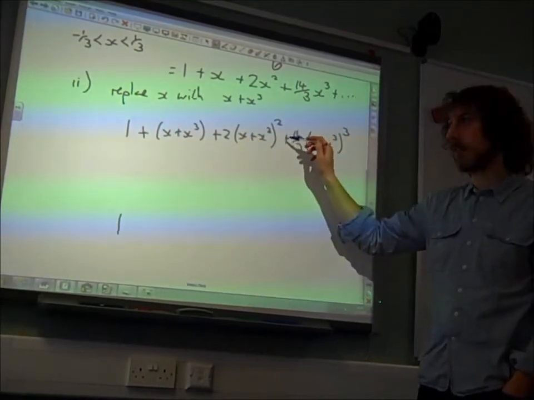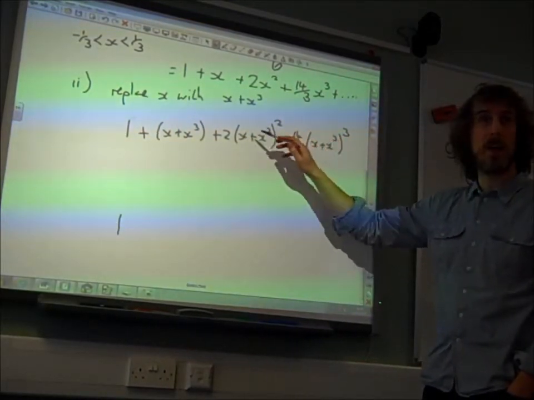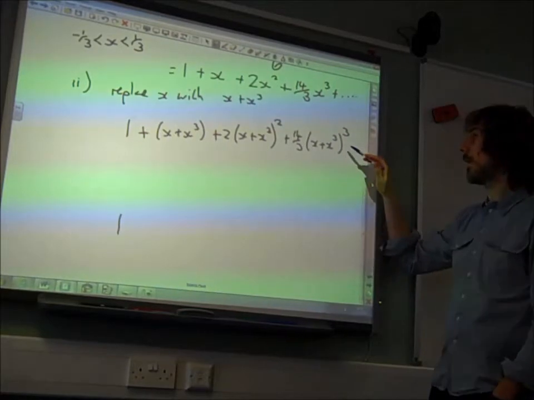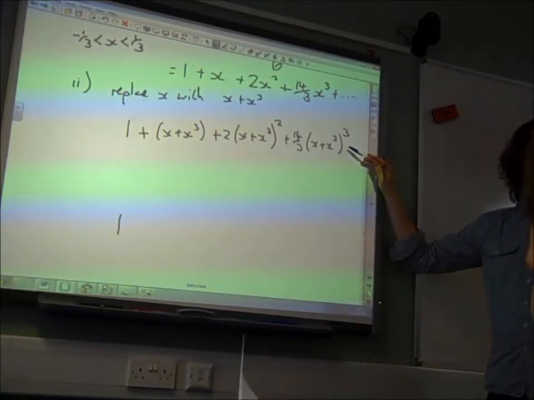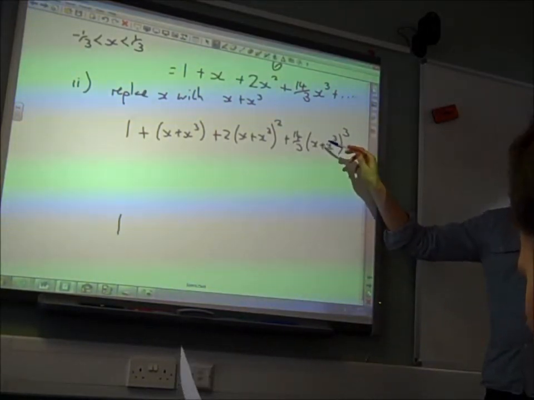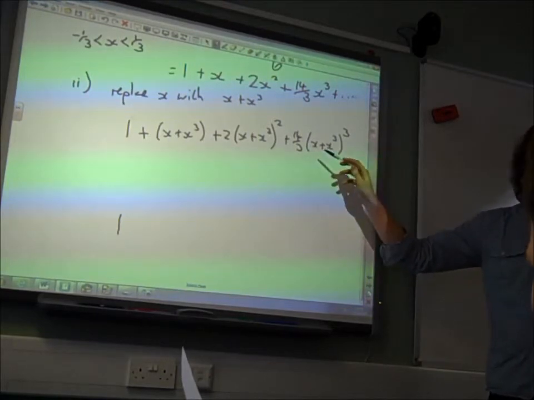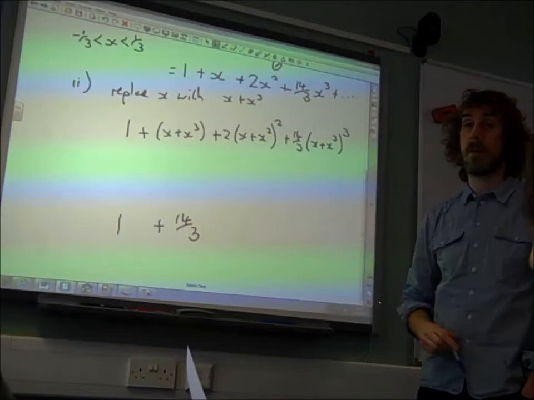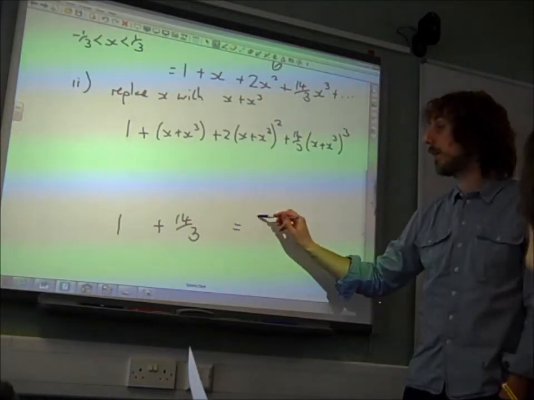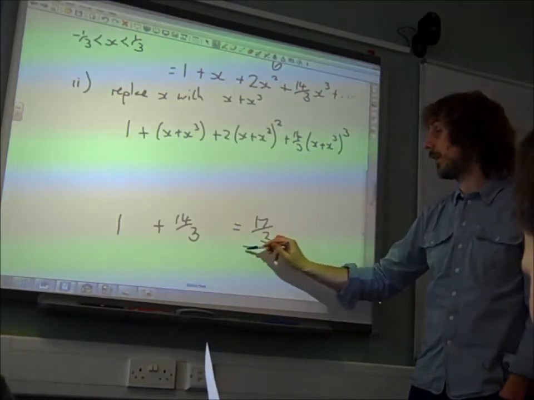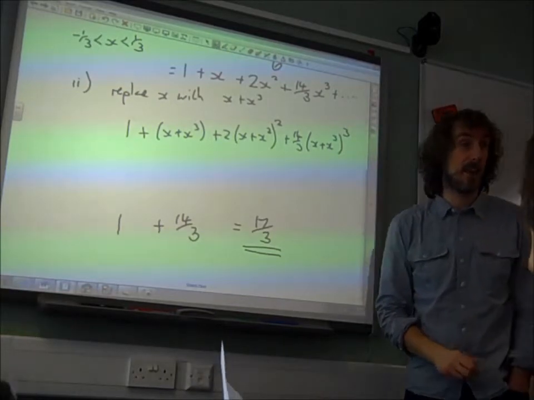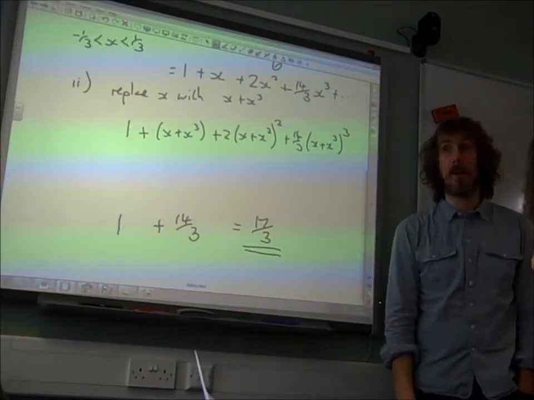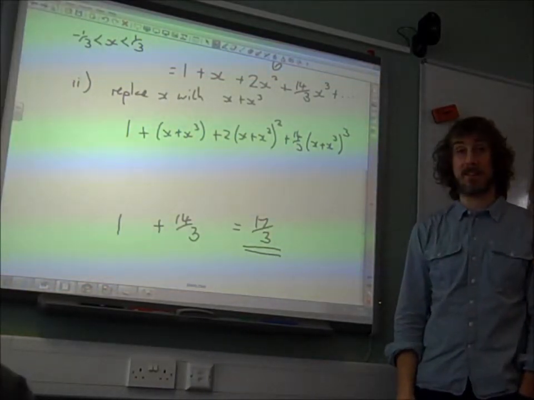You'd have x squared, x to the 4 and x to the 6. This one, you would end up with only the first x once you've cubed it out being x cubed. So we've also got a plus 14/3 from that bit there, and so the answer is 17/3. And that's it. That is all the x cubes that there would be. You don't have to do any more work than that. That's it.